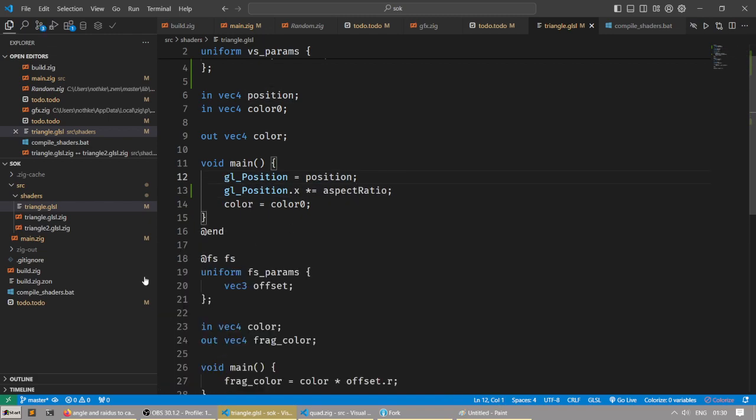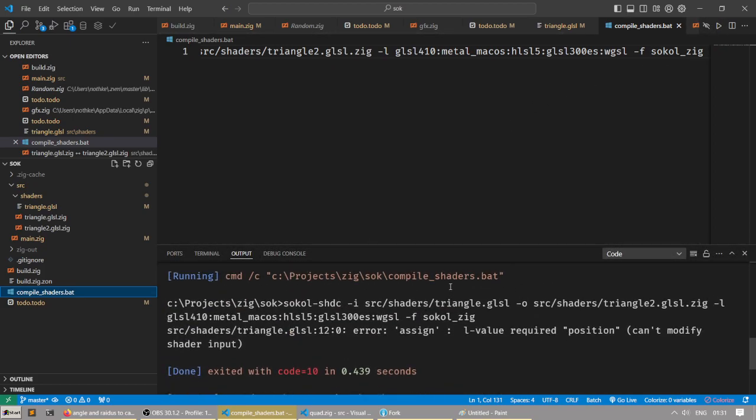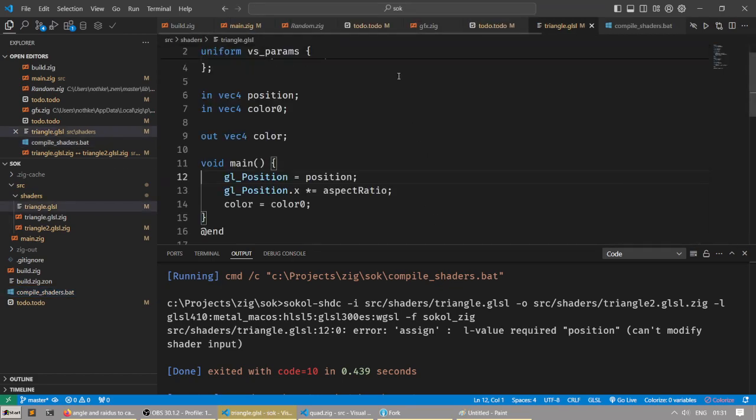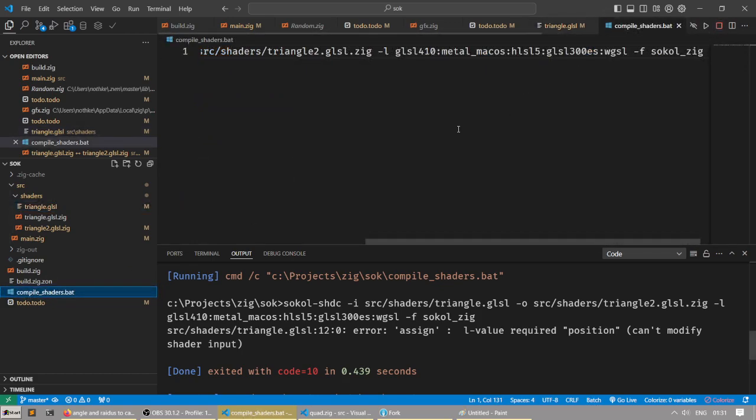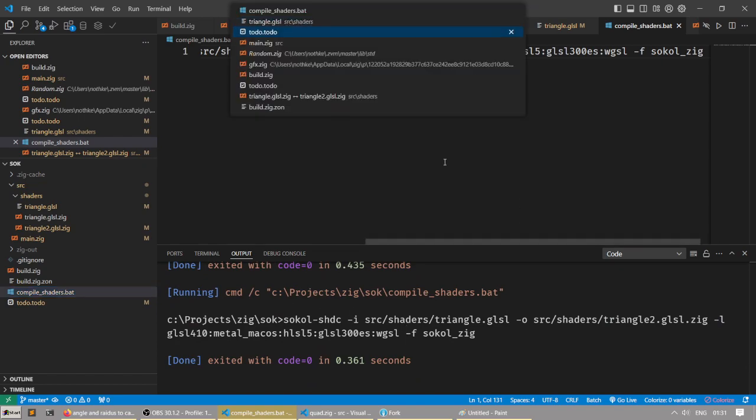That would be interesting. Let's see what it says. Required can't modify shader input. Did I save? Okay, I think it still won't work. Oh no, it did actually work. It did actually compile. I just didn't notice it.